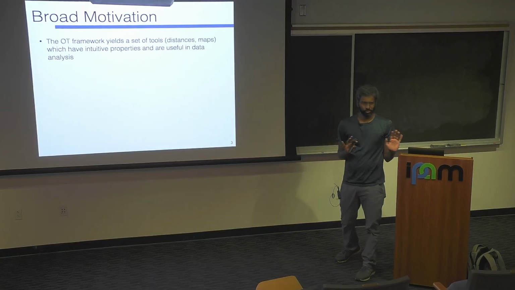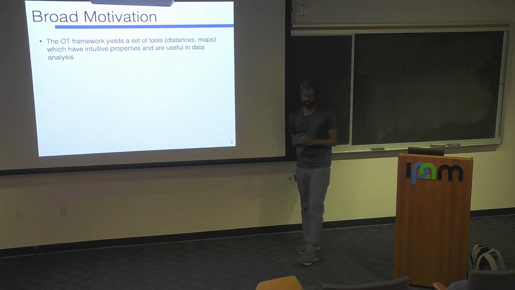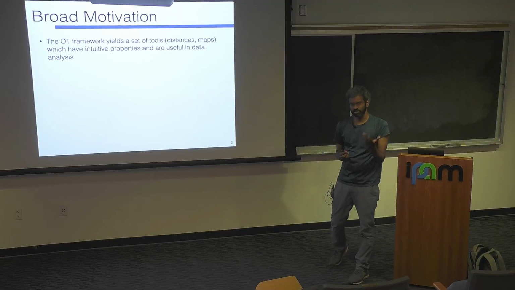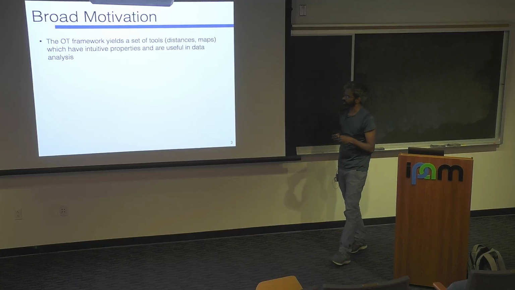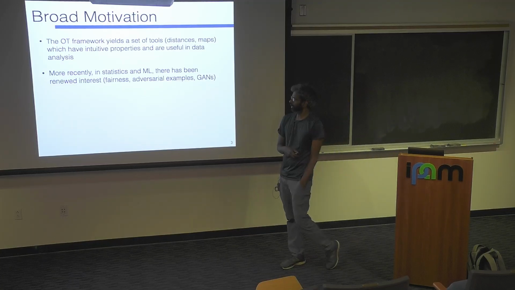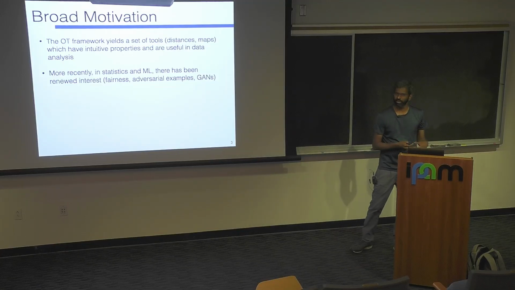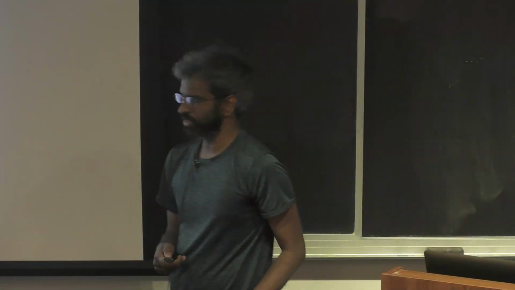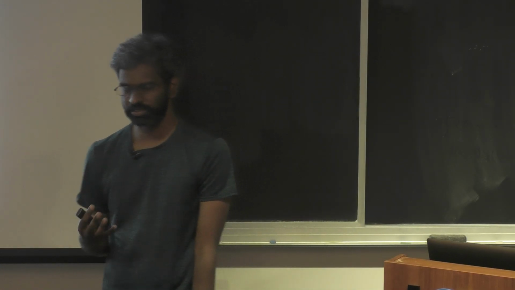So one slide of very broad motivation about what it is that we're trying to do and why. The optimal transport framework, everyone here is, of course, very familiar. It yields some set of tools, which are distances and maps between distributions that are useful in data analysis. There's been a lot of renewed interest recently, both in statistics and machine learning, in a lot of adjacent communities for various reasons. And maybe arguably in scientific applications, one thing that we need is some slightly better understanding of statistical aspects.